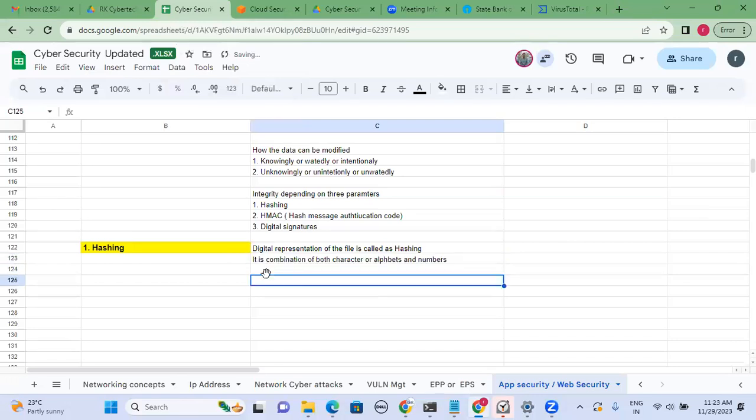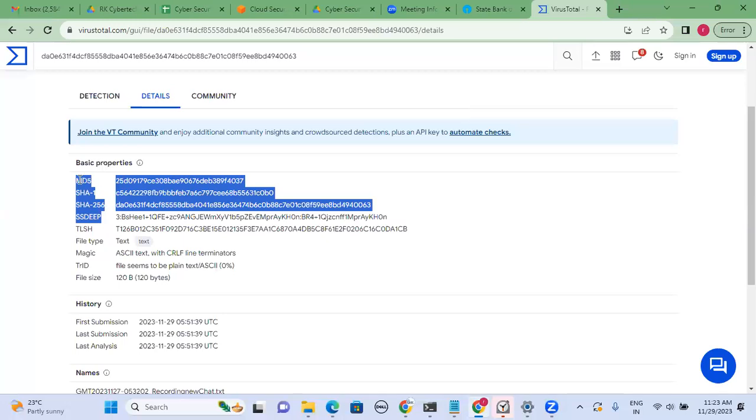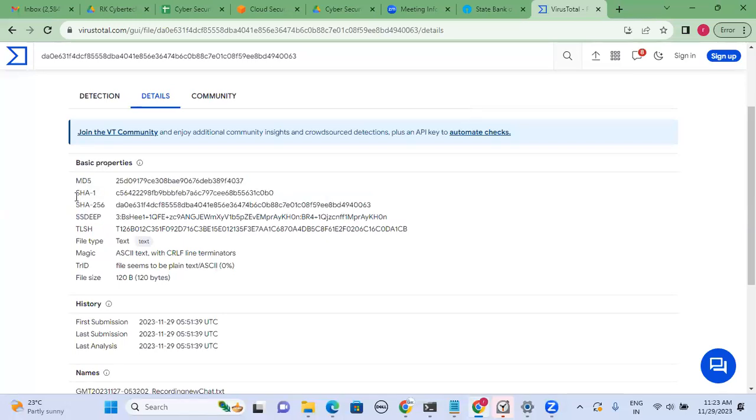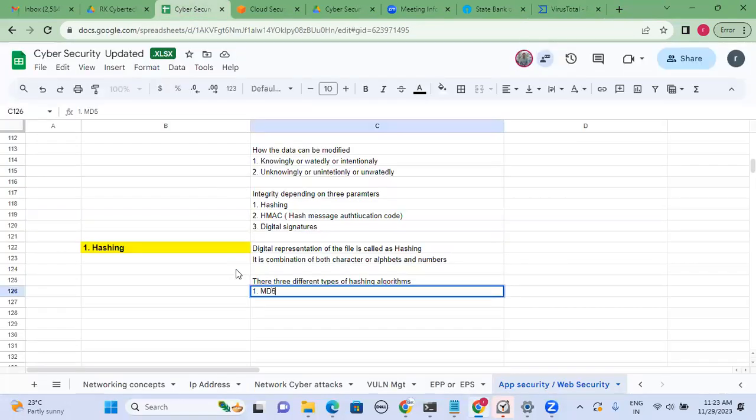Now coming back to here, there are three different types of hashing algorithms. First one is MD5. Second one is SHA1. Then SHA-256, SHA-512 also there. SHA full form, there is no full form.